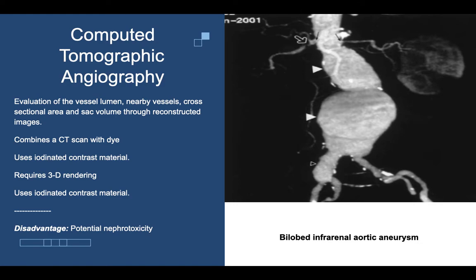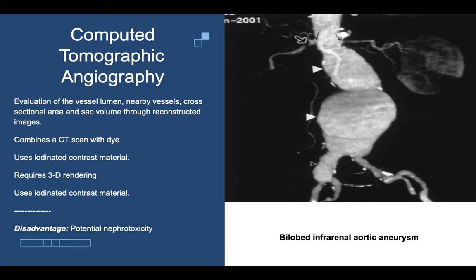The only thing is that there may be a potential for nephrotoxicity, and this is because you're using a specific iodinated contrast material. So it's very important that we screen patients for any kidney disease before applying specific diagnostic imaging tools.